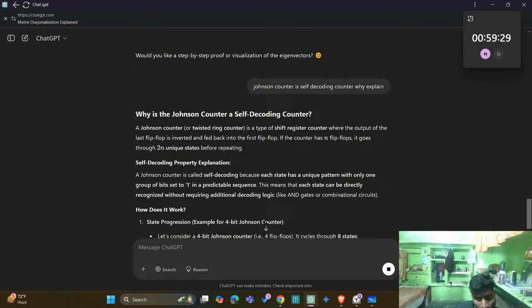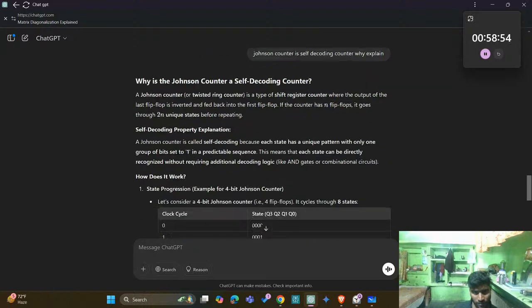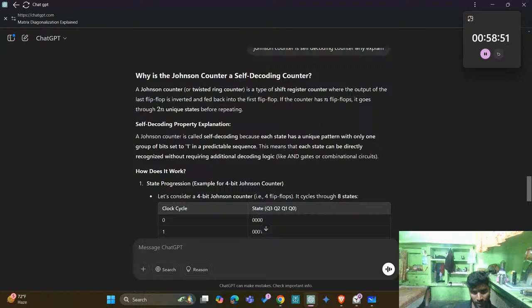A Johnson counter is self-decoding because each state has a unique pattern with only one group of bits set to one, in a predictable sequence. This means that each state can be directly recognized without requiring additional decoding logic like AND or OR.